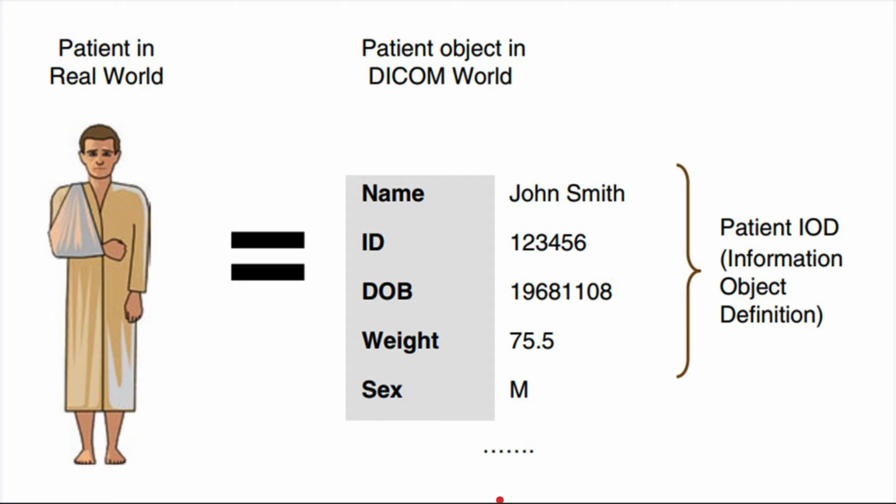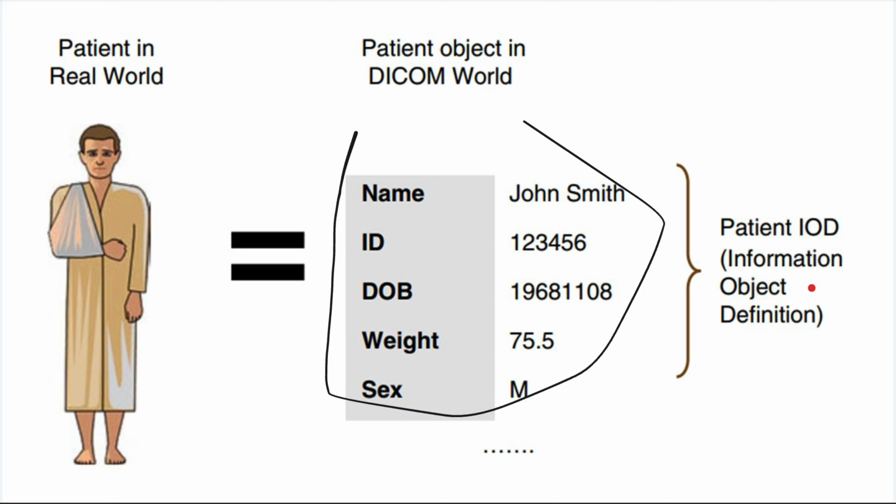All right. So let's assume this is Anthony. Then he went to the hospital and they took maybe a scan. And if you look at it, we have information over here. This is what is known as the patient's IOD. We have the name, the ID, date of birth, all these things.